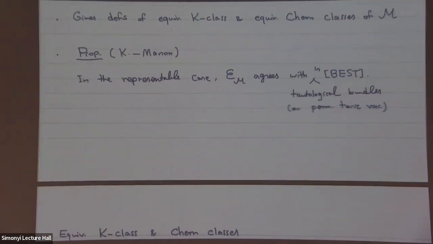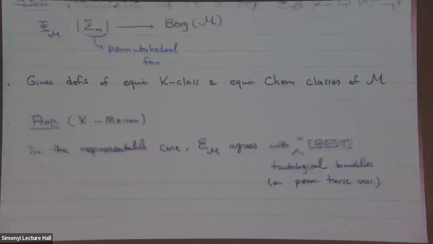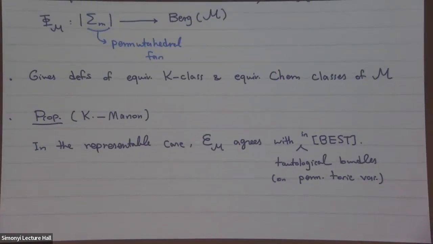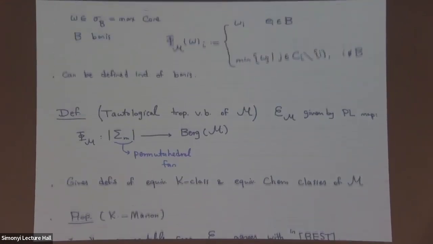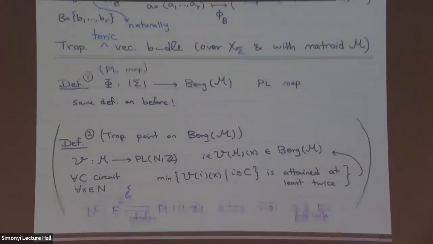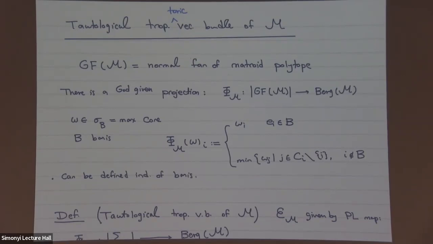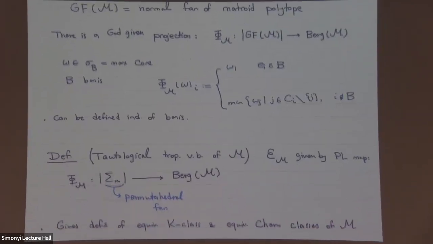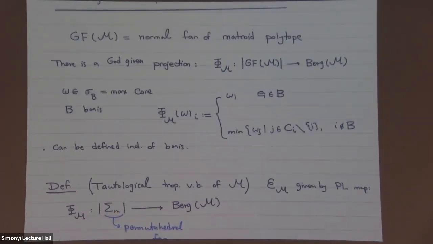Okay, so that was the definition, and then first, I want to say that any matroid M comes with a natural toric tropical vector bundle, which we call the tropical toric vector bundle of the matroid. That's for the simple reason that there is a natural projection from the Grosvenor fan to the Bergman fan.